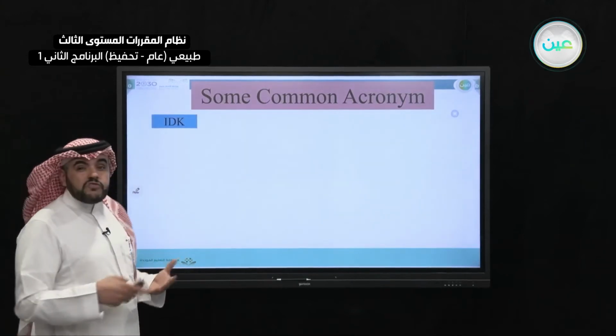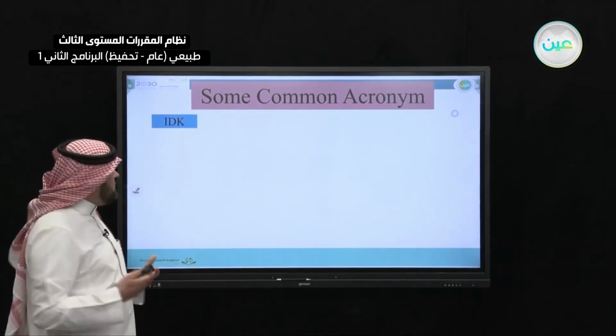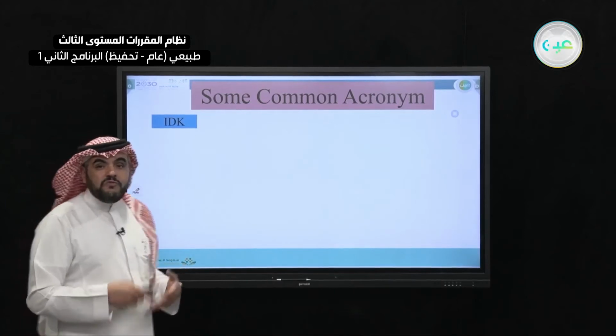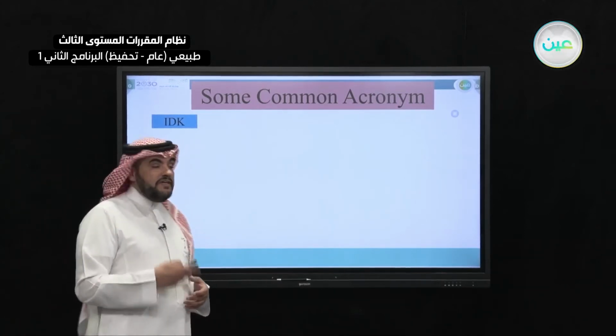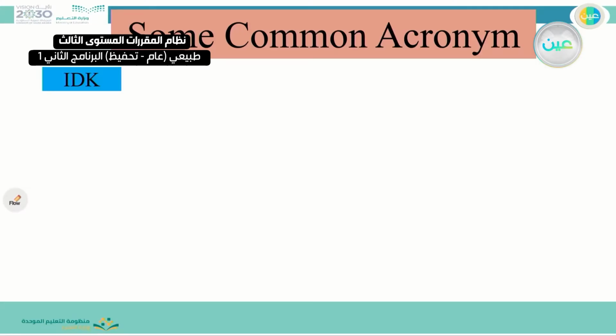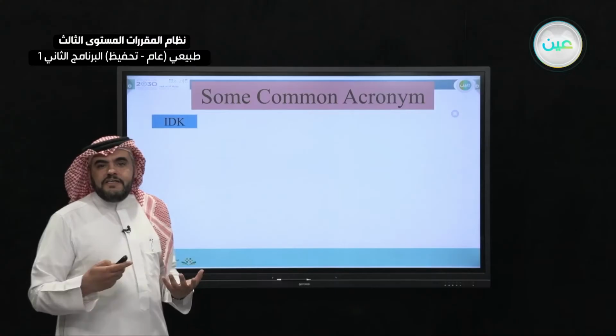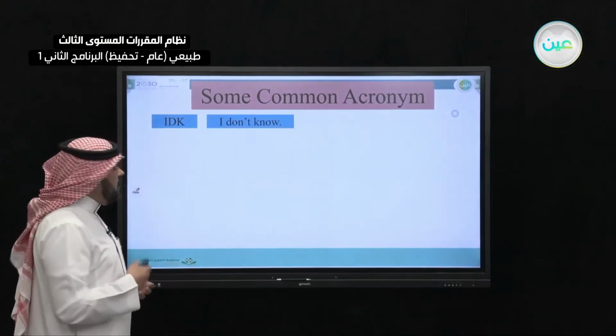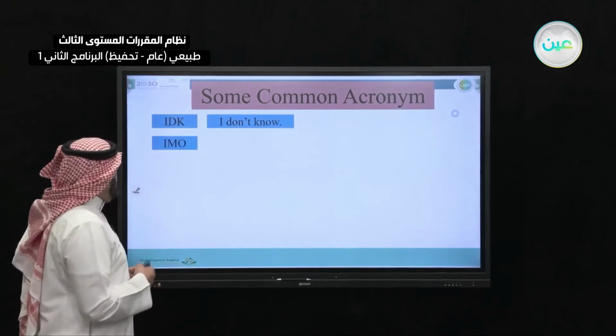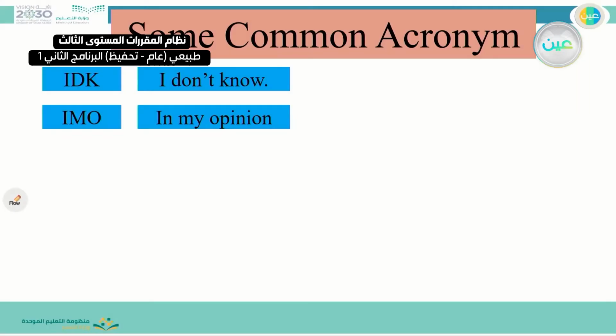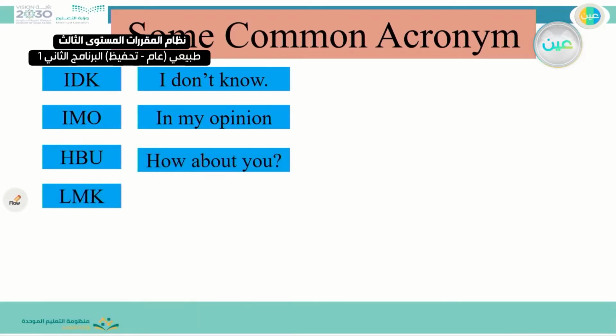Now let's review some of these acronyms that you need to know and to use to make your typing faster. Like IDK, I think most of you know what IDK stands for. I don't know. Okay, IMO stands for in my opinion. And we will review many of these acronyms.